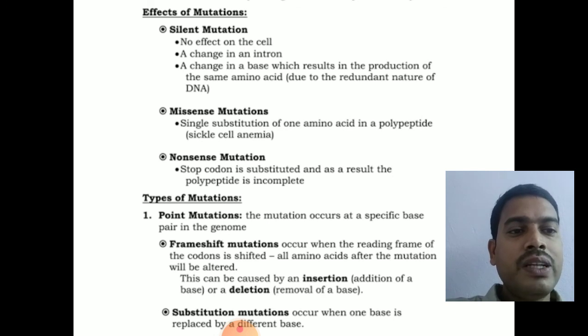It leads to sickle cell anemia, a change in the shape of the RBC from biconcave to sickle. So there is a change in the protein and in the phenotype. Instead of the original protein, a new protein is synthesized which may be useless or sometimes hyperactive. That is called missense mutation.